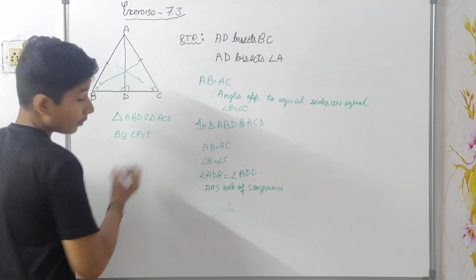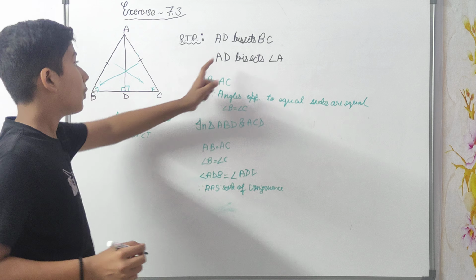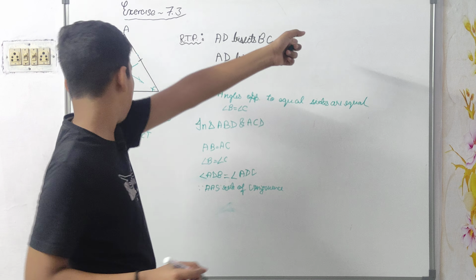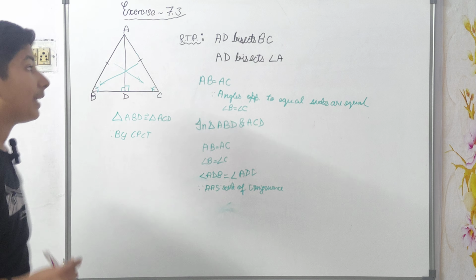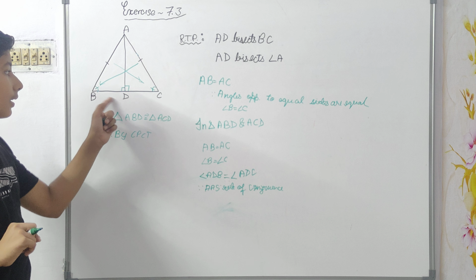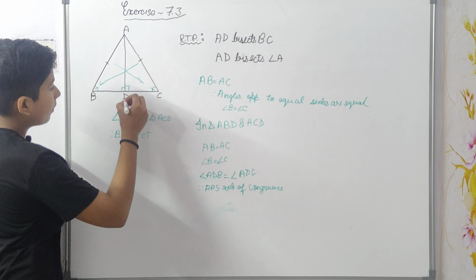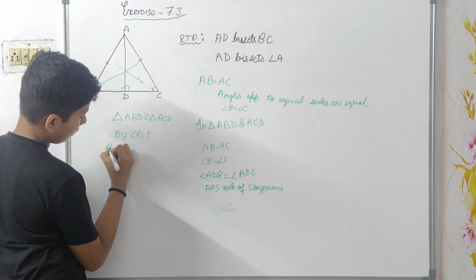Okay, therefore by CPCT we'll use here because we have to prove these two things. AD bisects BC. So we can say that BD equals to DC.